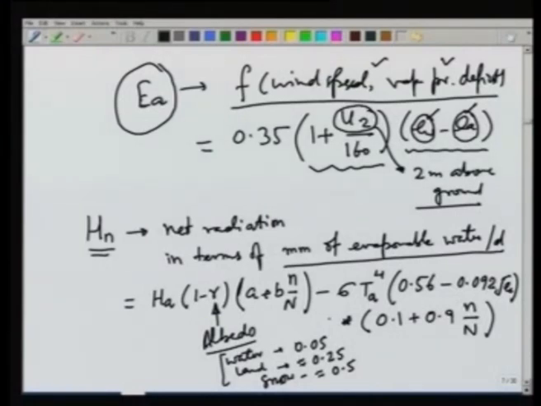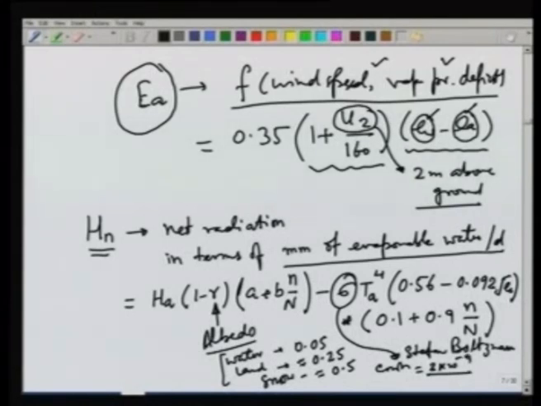This sigma term represents the Stefan Boltzmann constant, and its value is given as around 2 times 10 to power minus 9.